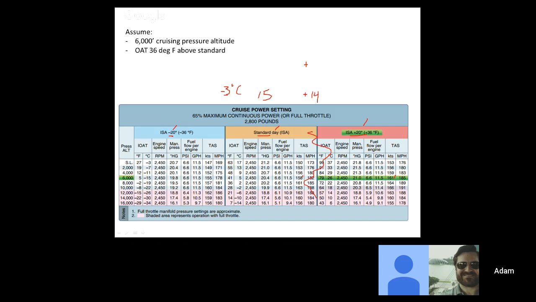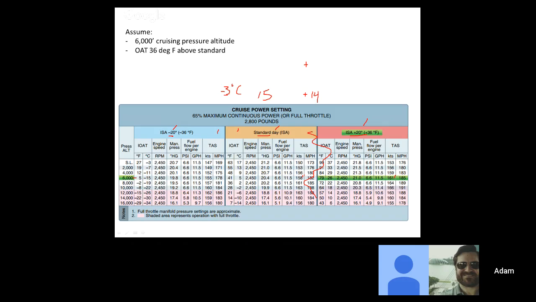So let's pick 6,000 feet. If I've got a flight condition that is exactly halfway in between these two tables, then what I'm going to have to do is find the average, essentially the halfway point between any value in the table.